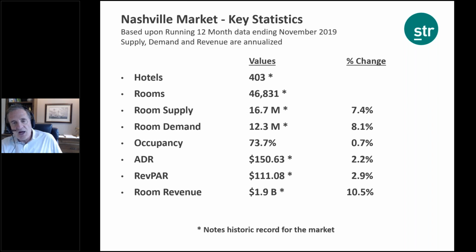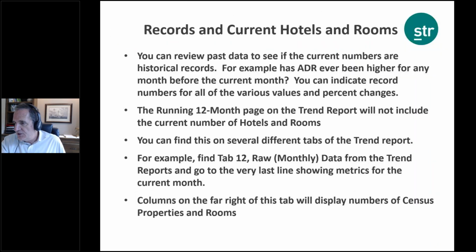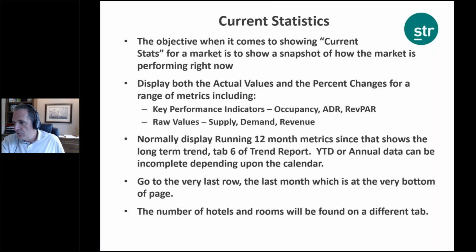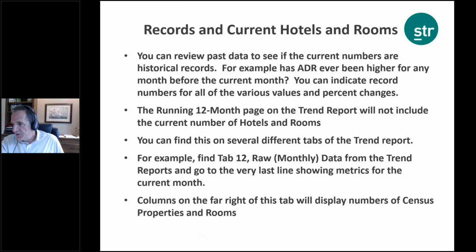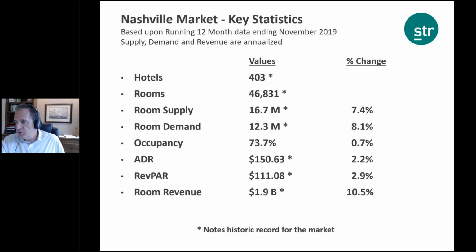The room supply, 16.7 million. That comes off the running 12-month page. Let's go back and take a look at that. That's right down at the bottom, 16.7 million. And notice the demand is 12.3 million. So those 16.7, 12.3, that's right there, supply and demand.